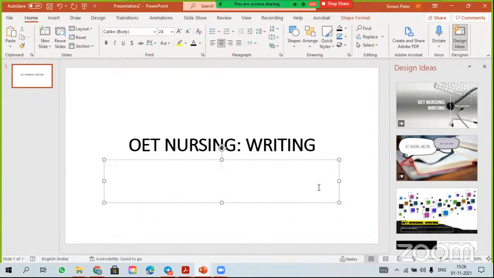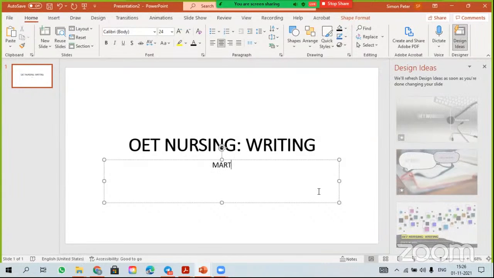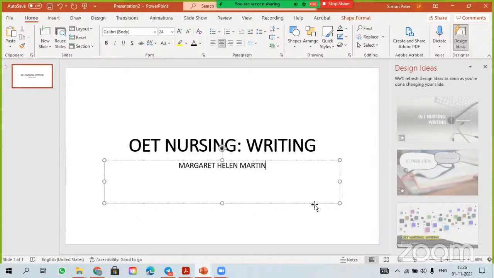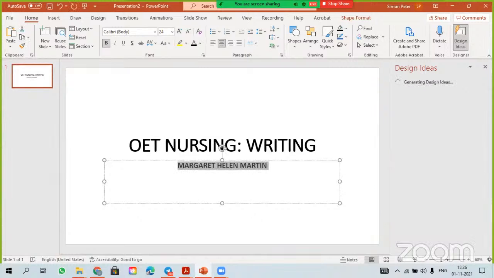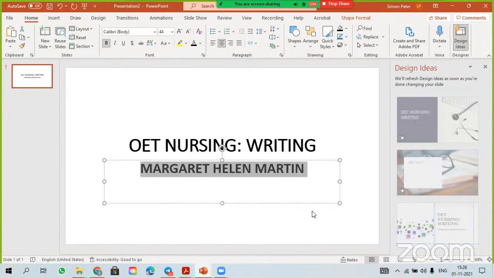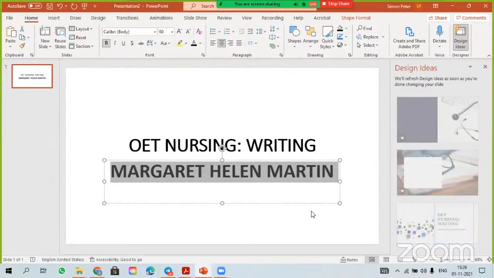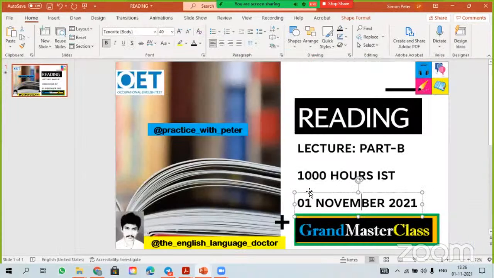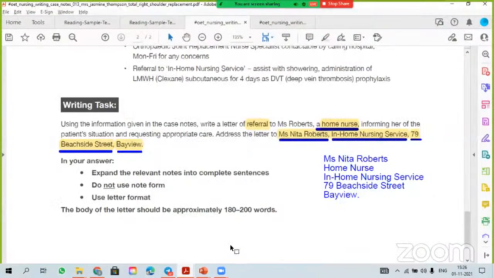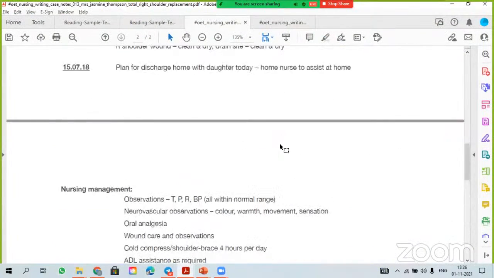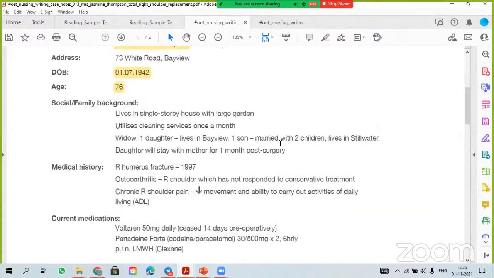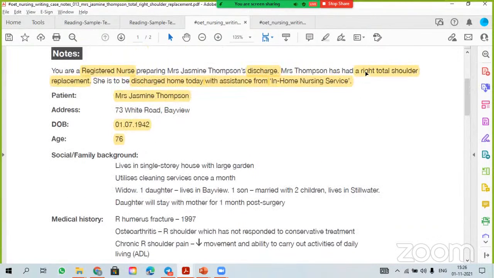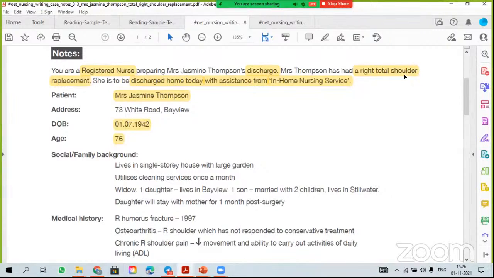Then this is Margaret Ellen Martin. And the topic is right total shoulder replacement.